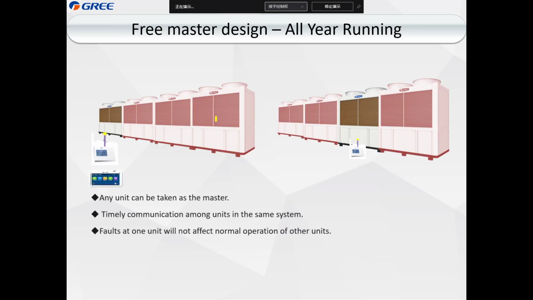And next is the free master design. Due to this design, we can realize all-year running. In the modular system, if one module is broken, and this module is the master, under this condition we can change any other one as the new master.